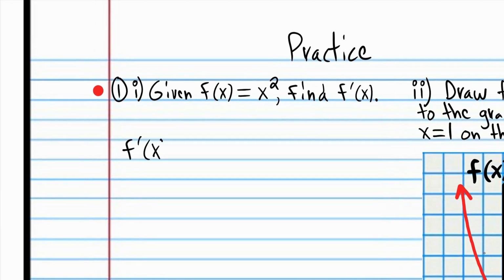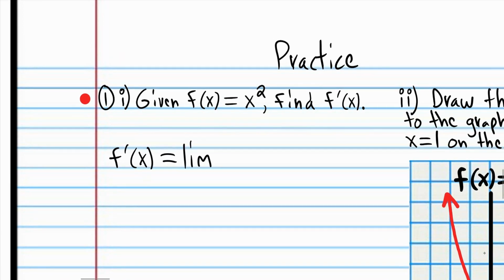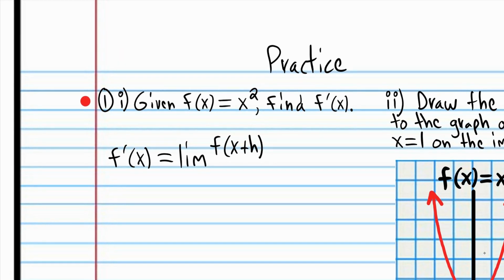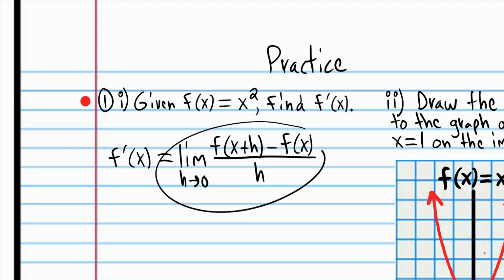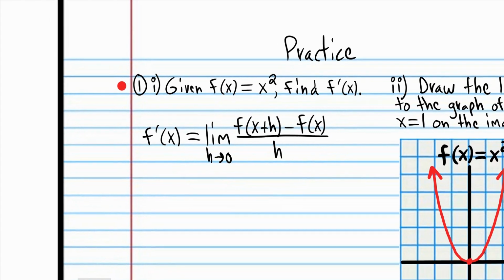That is the instantaneous rate of change of the function at some x value. So f prime of x is the limit of f of x plus h minus f of x all over h as h approaches 0. That's the definition of the derivative.